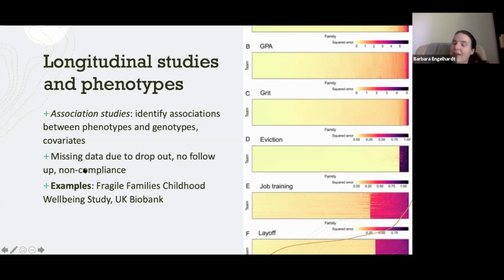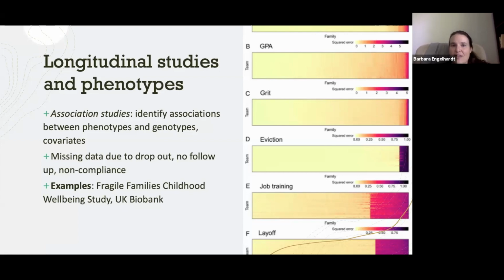There's also non-compliance, where a patient or someone in a study says they will follow a particular intervention like exercise or diet, and they fail to do that, and it's hard to get the appropriate phenotyping data from them.